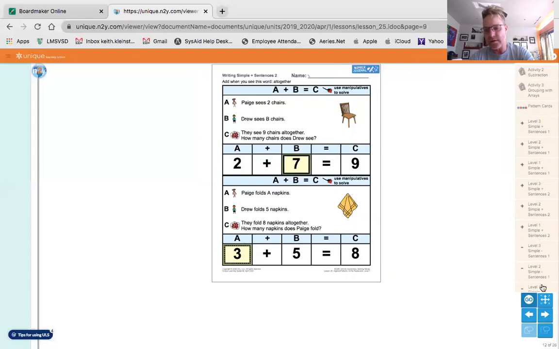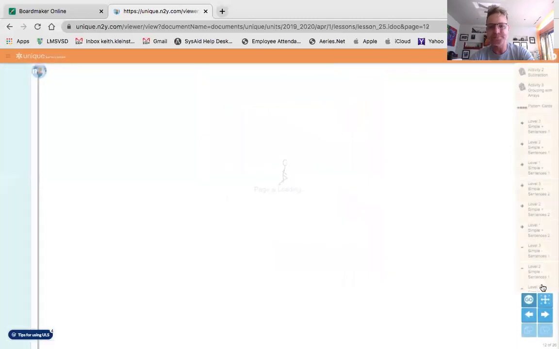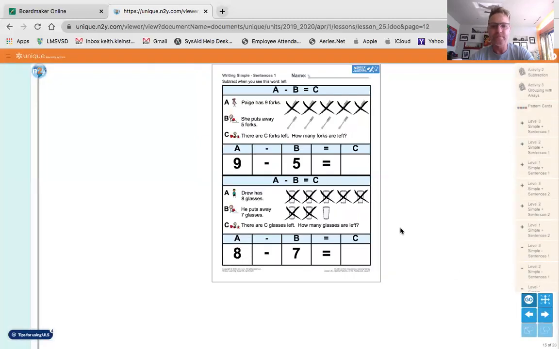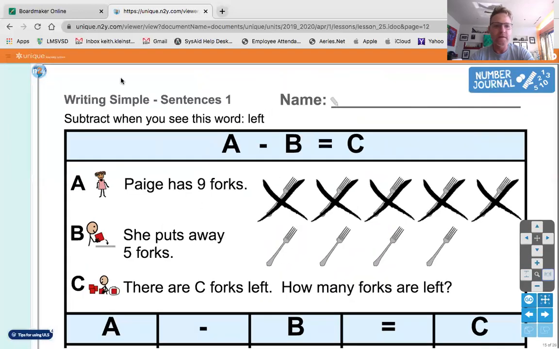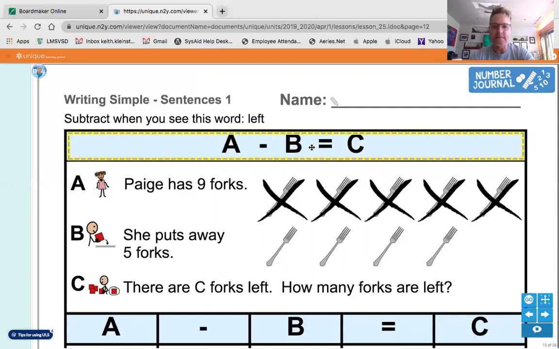Next level 1 problem to solve for. Okay, let's make this bigger so it's easier for them to see. Okay, subtraction. When you see this word left, A minus B equals C. So let's see.